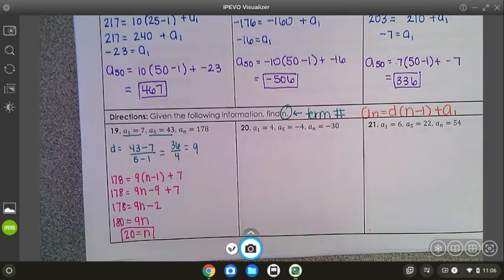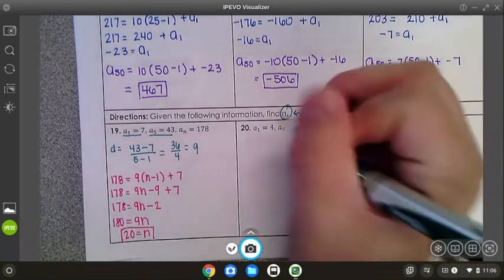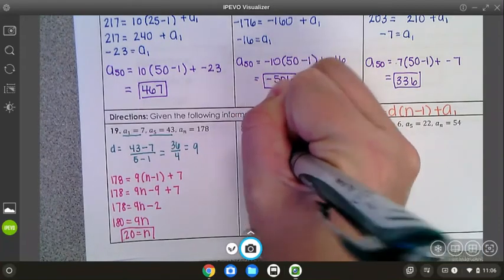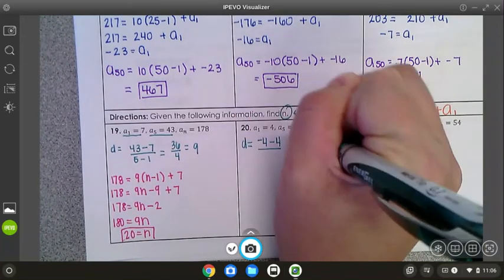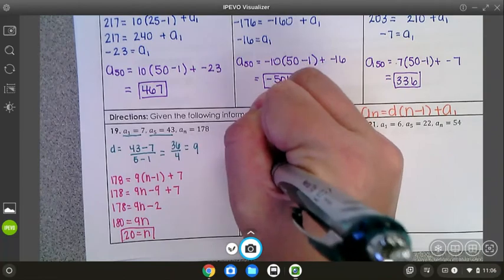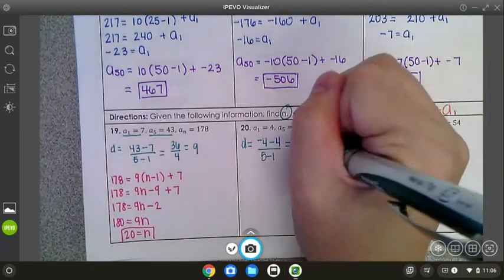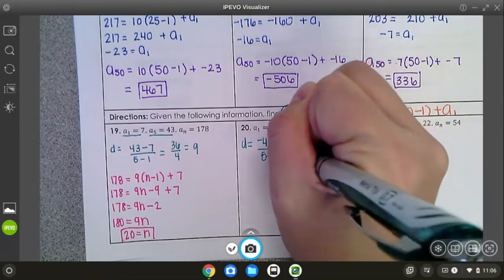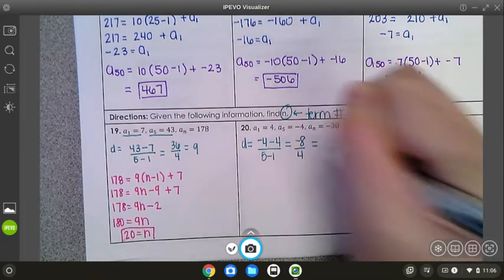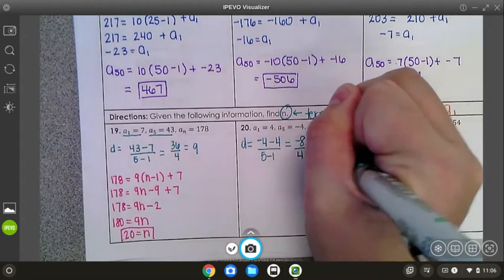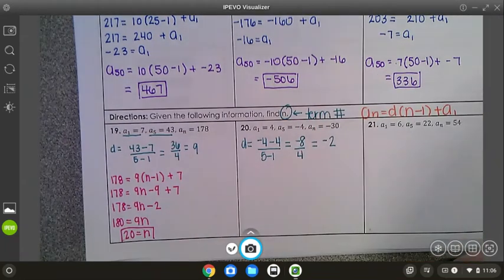Okay. All right, so let's look here. Common difference, -4 minus 4 over 5 minus 1. That's -8 over 4, which is -2.